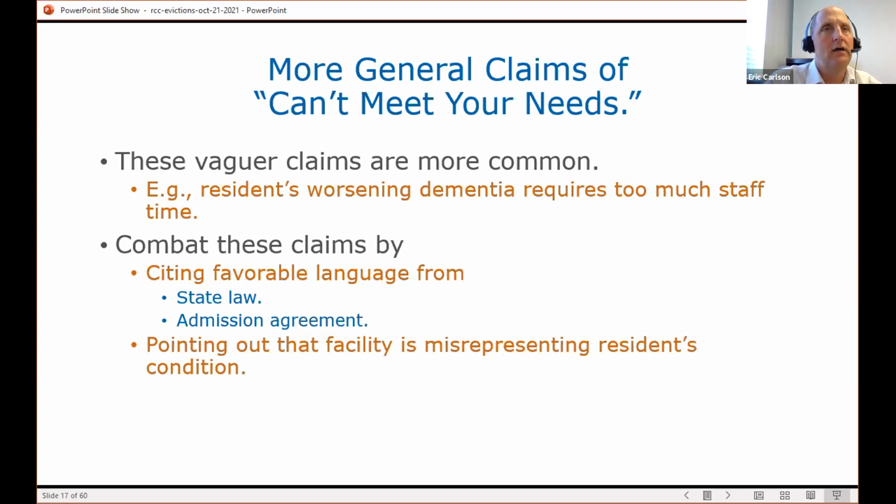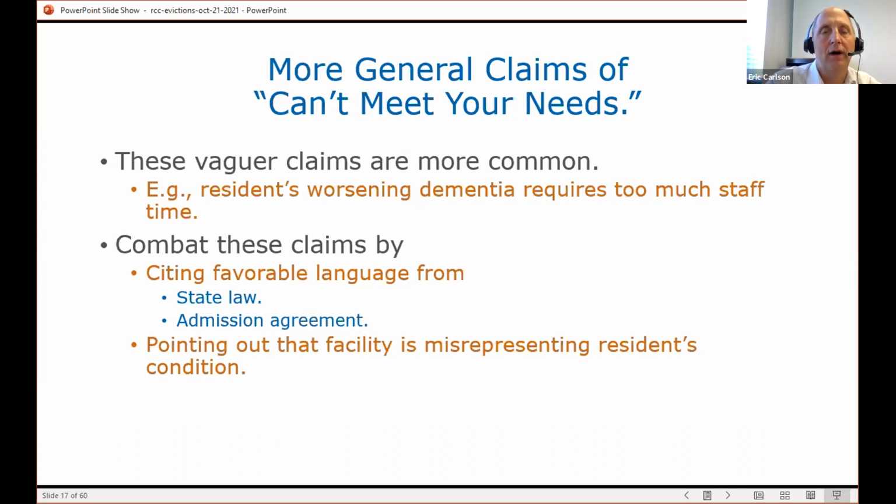Look at the state law, look at the admission agreement, maybe look at the advertising from the facility, the representations that they've made about the wonderful services that they provide and their ability to assist people as those person's needs shift. Or also, you can argue on the facts as well.